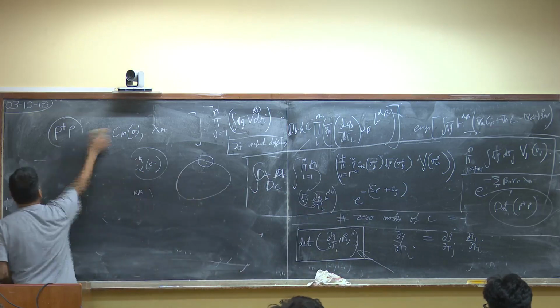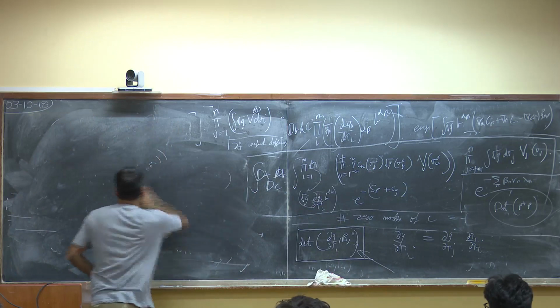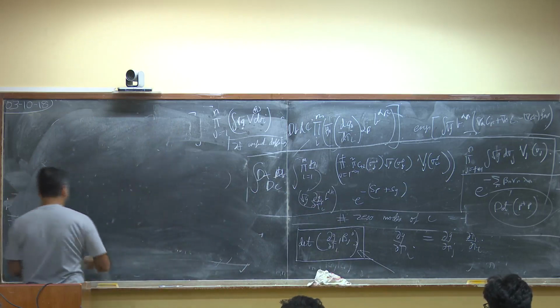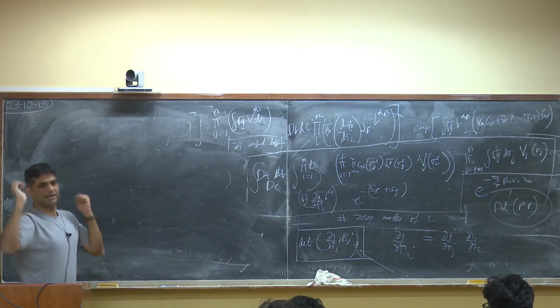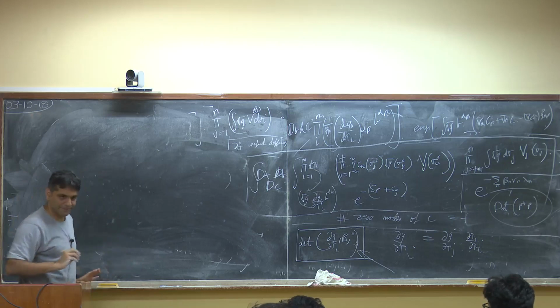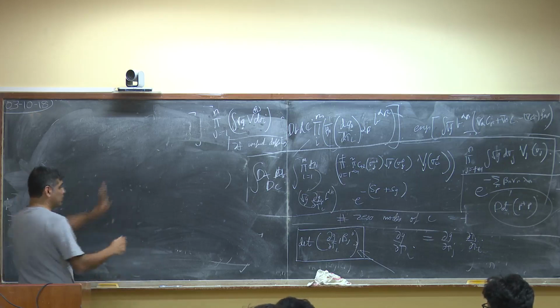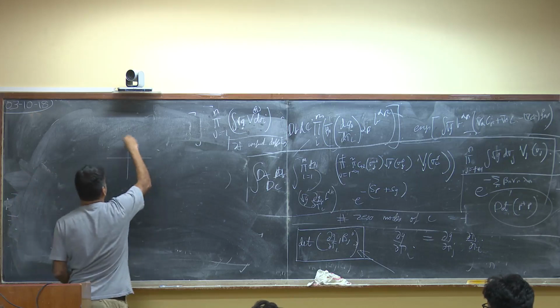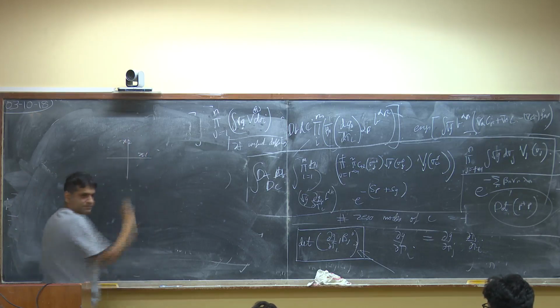I'm saying something very trivial. Let's do polar coordinates to Cartesian coordinates. It's that kind of thing. Okay, so two dimensions. So I have x1, x2.